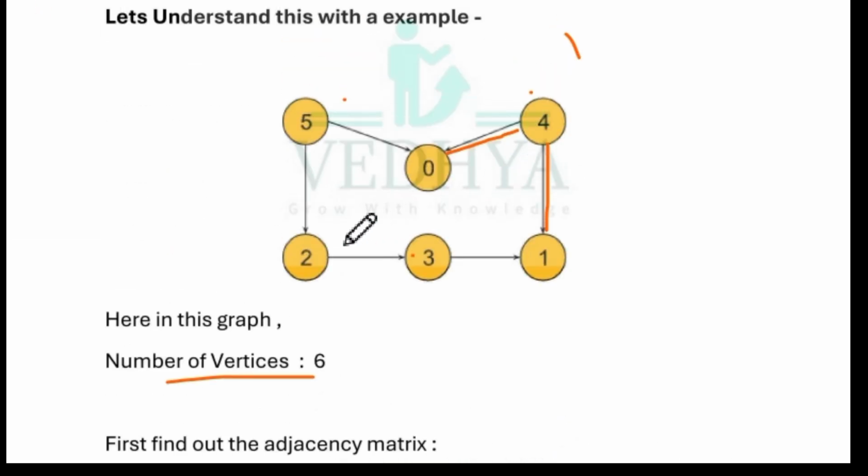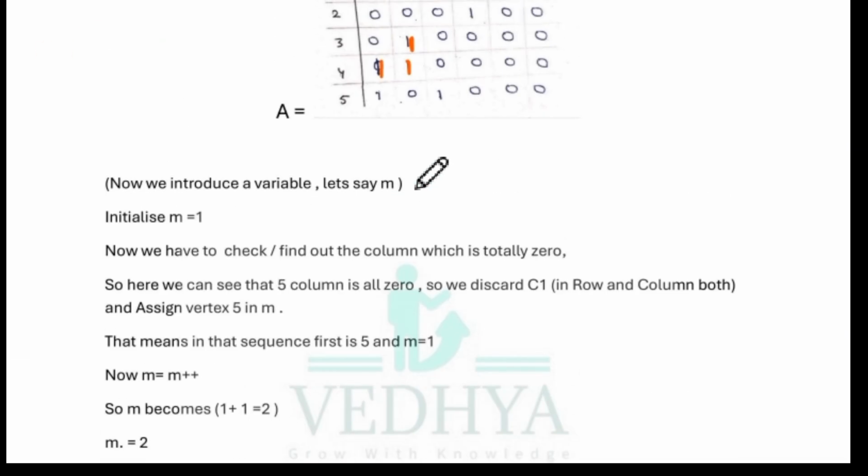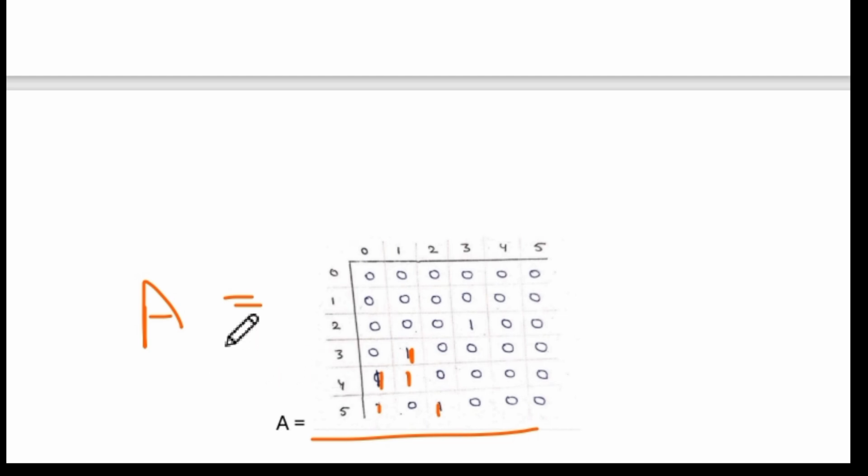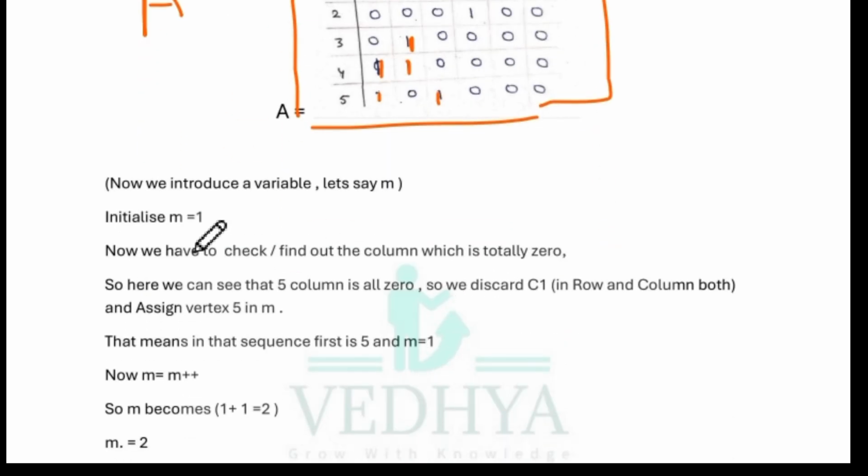For vertex 5, 5 to 0 and 5 to 2 are connected and the rest are 0. So this is the adjacency matrix. Let us name it A. I hope you understand.